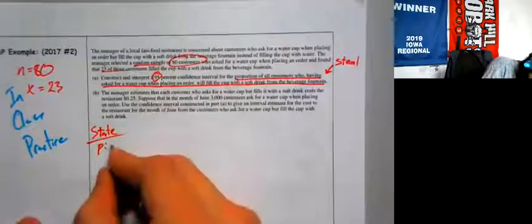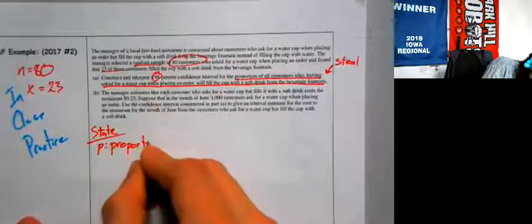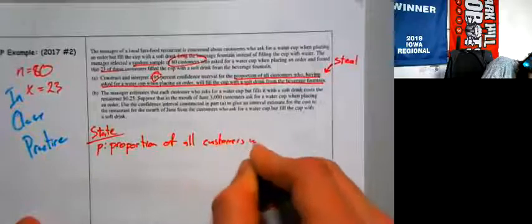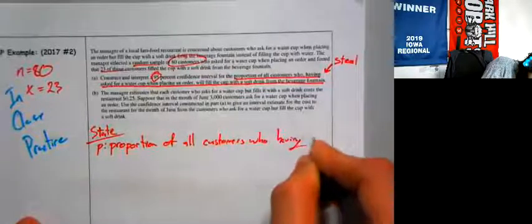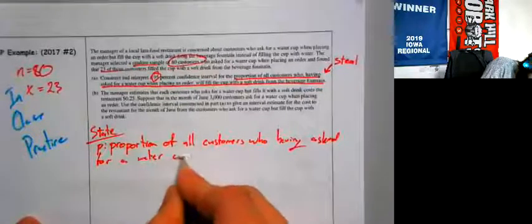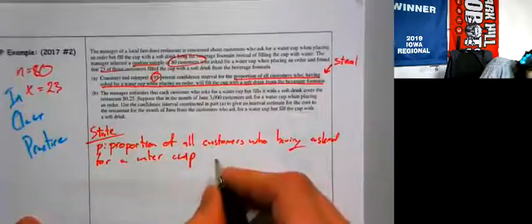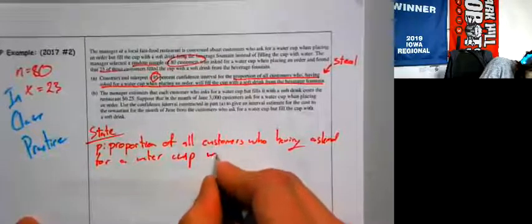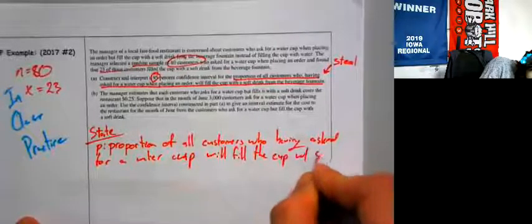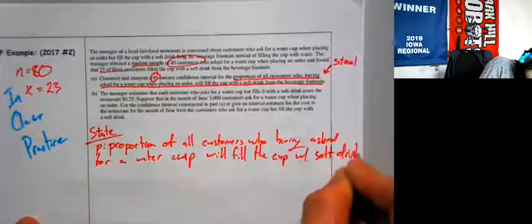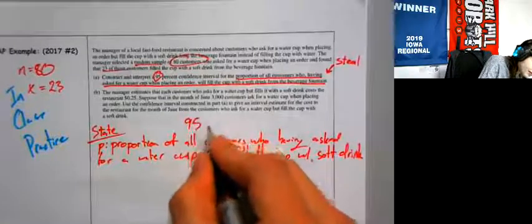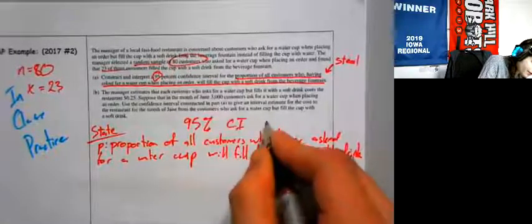P is the proportion of all customers who, having asked for a water cup, will fill the cup with soft drink. Great. We're going to construct a 95% confidence interval for P.